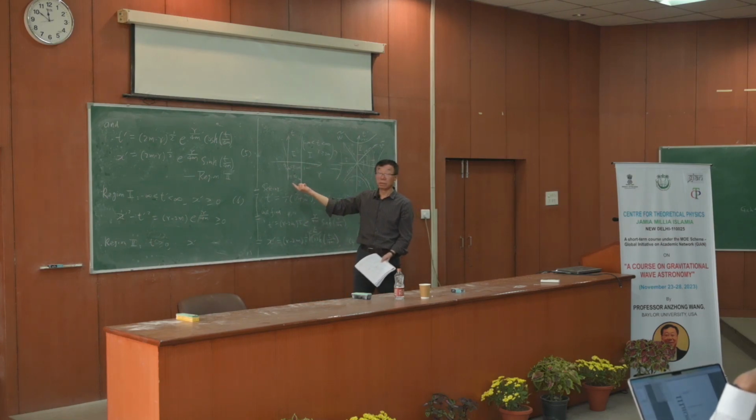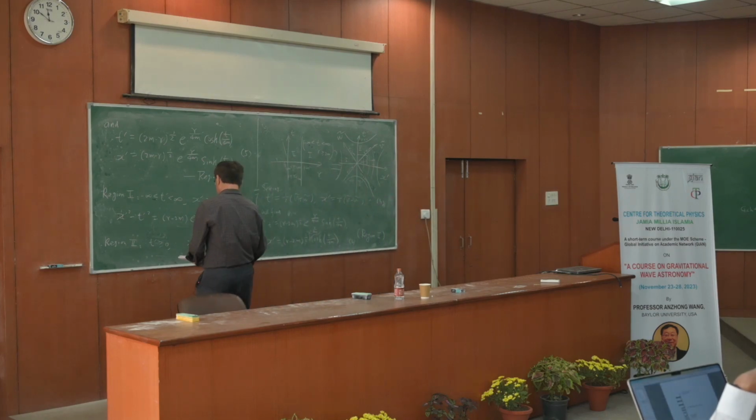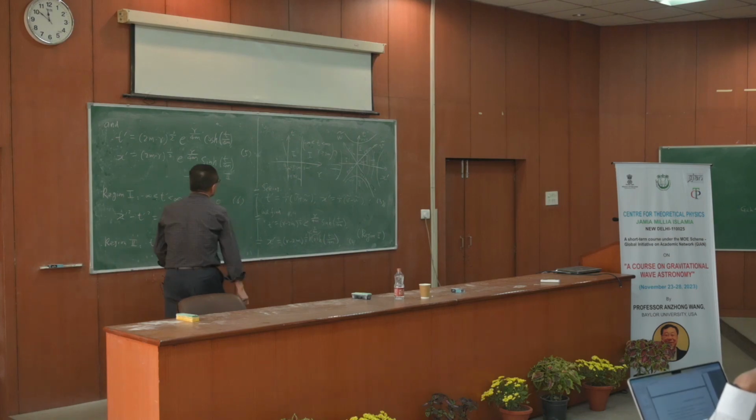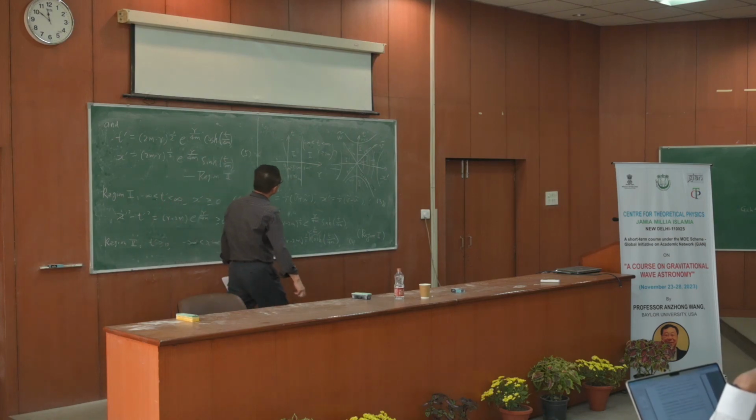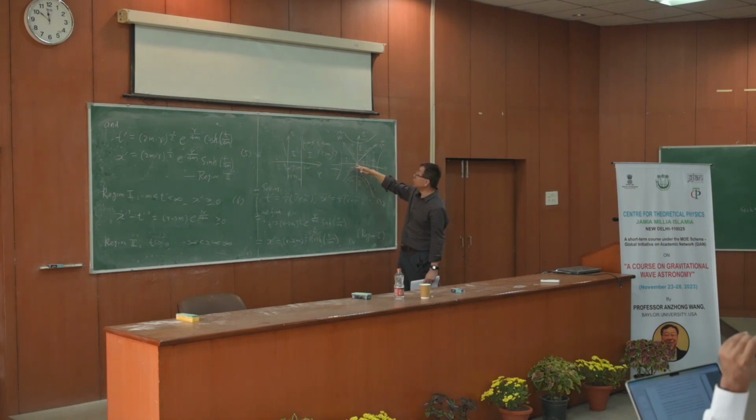Right? This is the region 2. So in region 2, x can go from minus infinity to plus infinity. This is actually my t prime always going up. Then x prime goes to the whole axis, right?